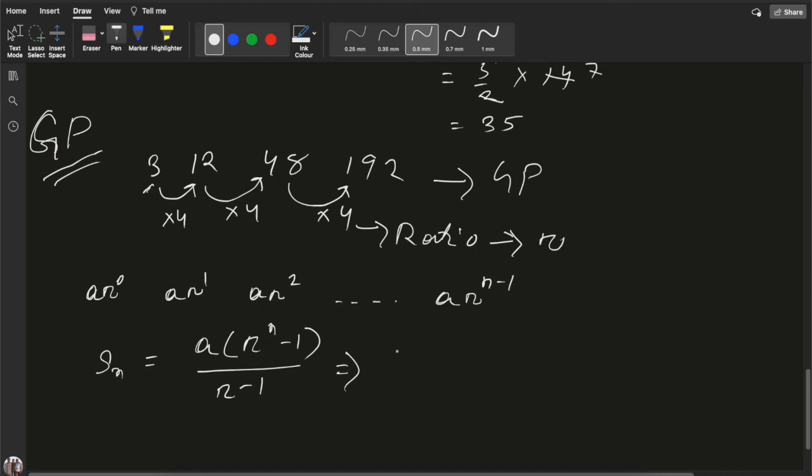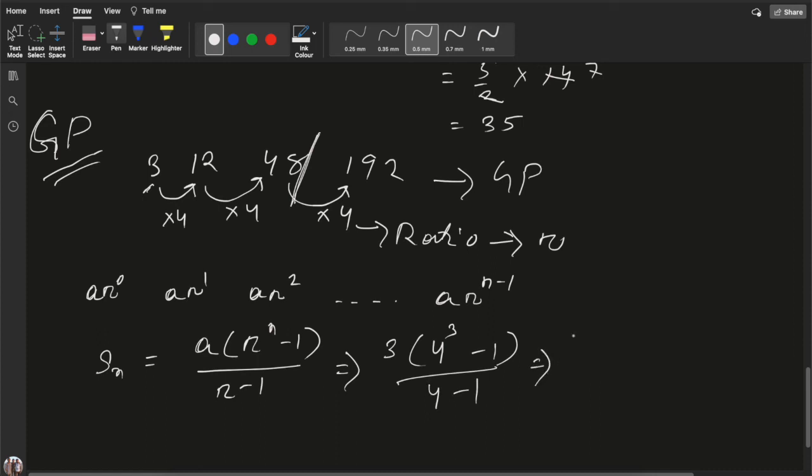So here A is 3, the first term, and R is 4. Let's say we take up to 3 terms, so n is 3. So it will be 3 into (4 to the power 3, that is 64, minus 1) divided by (4 minus 1).